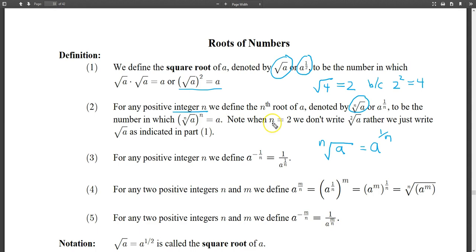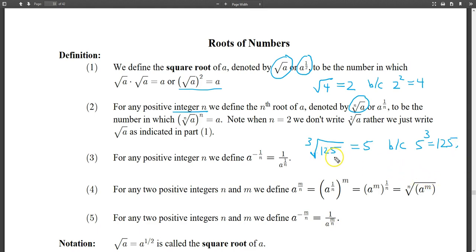And so also just note that when n is 2, we don't normally write the square root of a with a 2 there. We just leave the 2 off. So for example, quick example, the cube root of 125 would be 5 because 5 to the 3rd power gives you back 125.